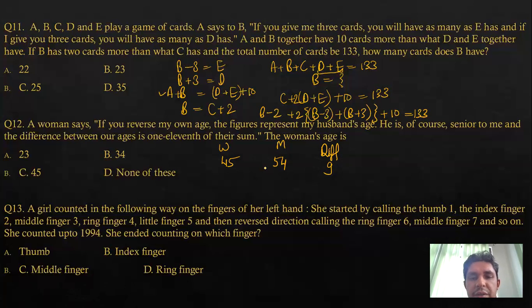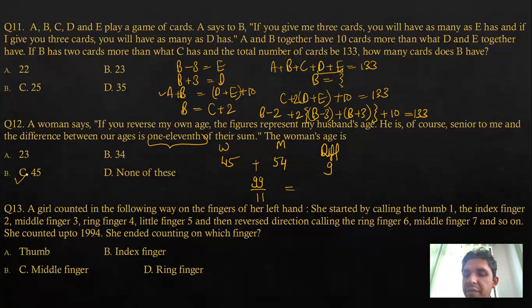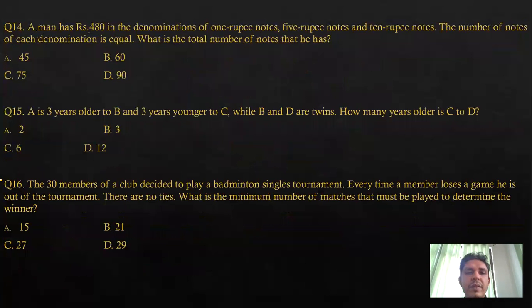If we check the sum of these two, it will be 99, and divided by 11, because he is saying 1/11, the answer will be 9, the same as the difference. Hence we can say that the age of the woman will be 45, right?